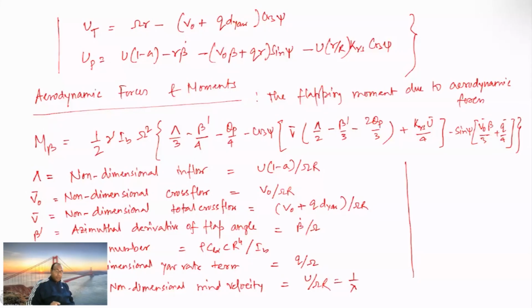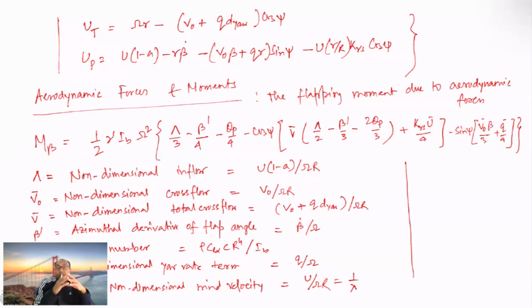Welcome back. So we'll continue the discussion on aerodynamic forces and moments. In the last session we have written this flapping moment equation. Now, these are all the non-dimensional terms.